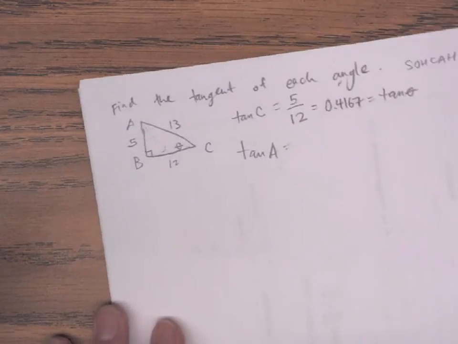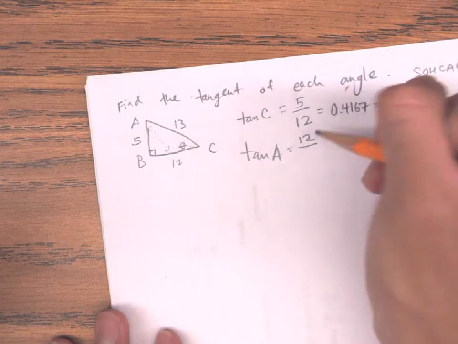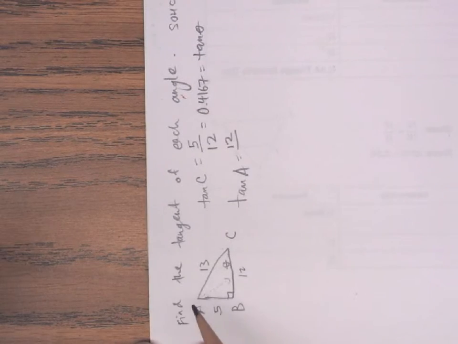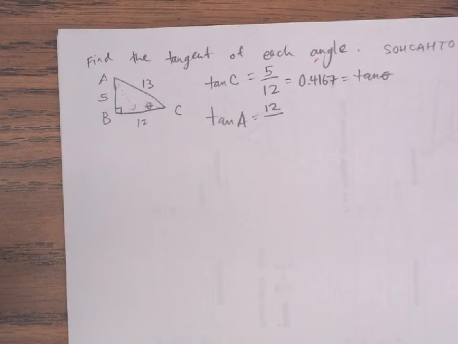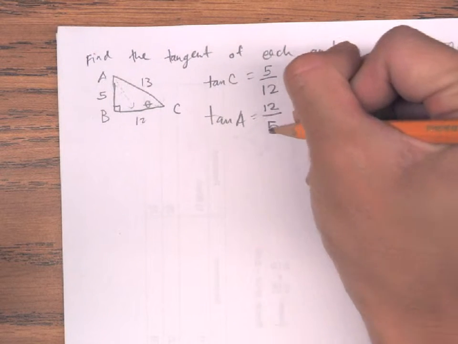So the tangent of A will be 12 divided by the side that is adjacent, or next to, angle A, which would be this length here. The tangent of angle A is going to be 12 divided by 5.